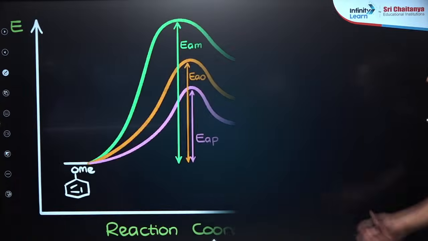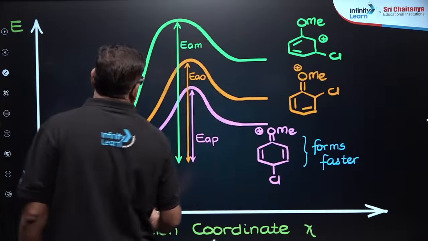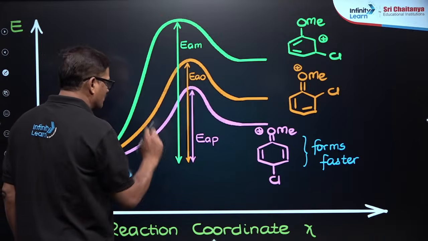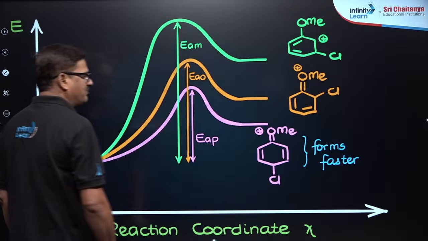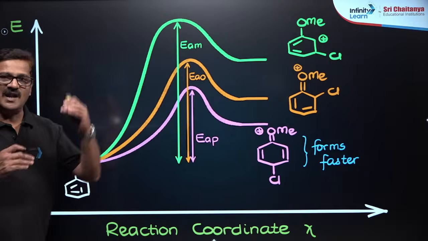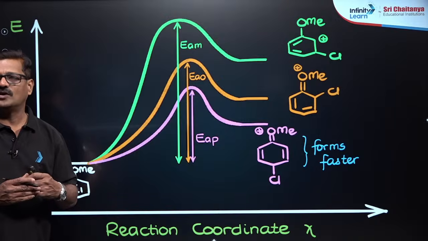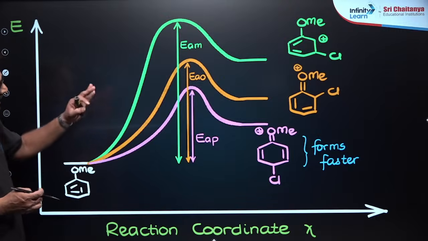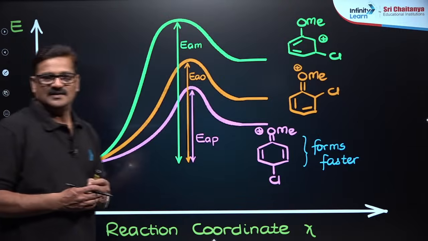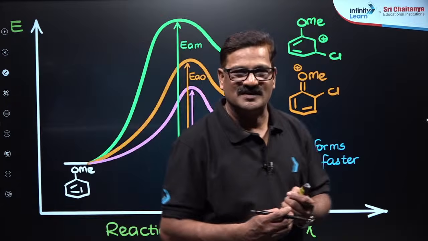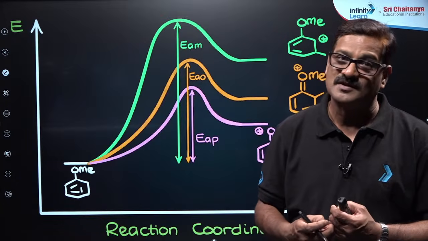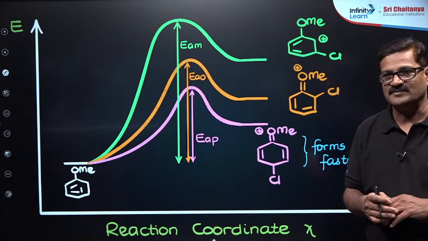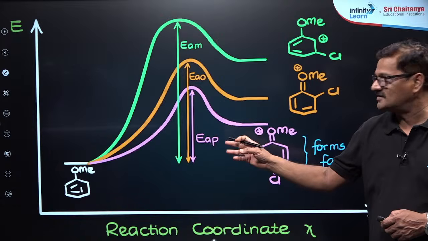Now let's see here the activation energy for this meta product, the activation energy for the ortho product, the activation energy for the para product. So the lesser the activation energy, the more is the formation, and major is the reacting. So this kind of graphs, which connect organic chemistry to physical chemistry, and assertion reasoning based questions also will be asked, more application oriented things here. So this is very important. So if you have any doubt, ask quickly.